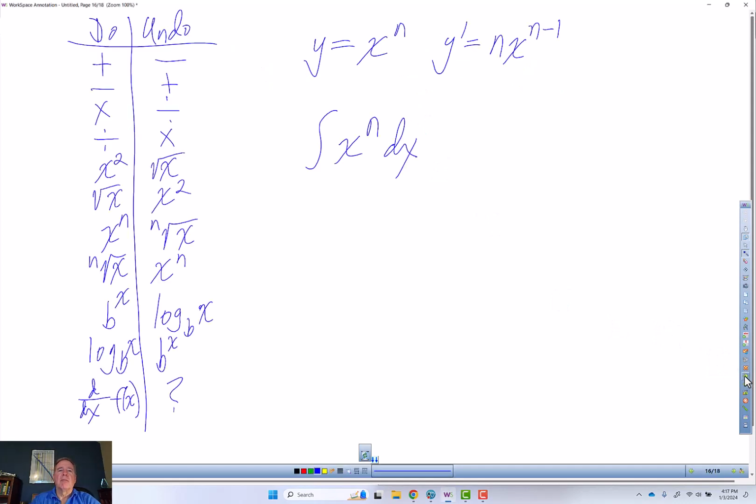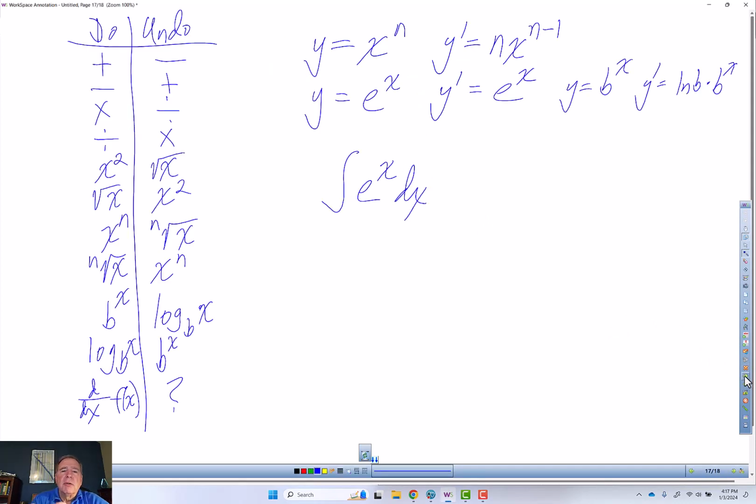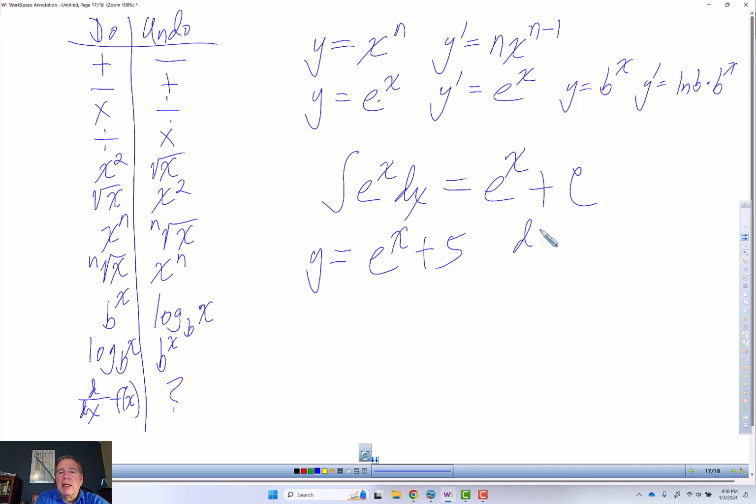This is pretty simple. So if we've got the integral of e to the x dx, that's just going to go backwards. That's e to the x. Then I do have to put in the plus c. So say I had y equals e to the x plus 5, dy over dx equals e to the x.